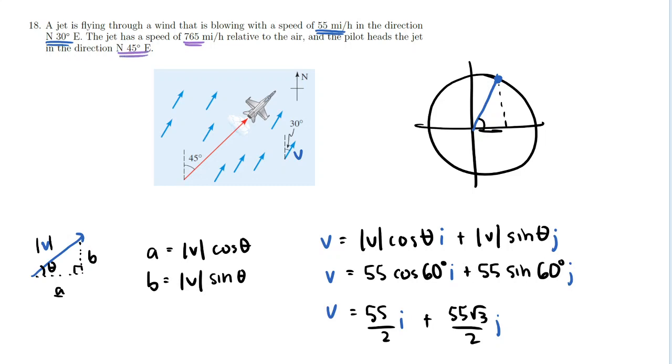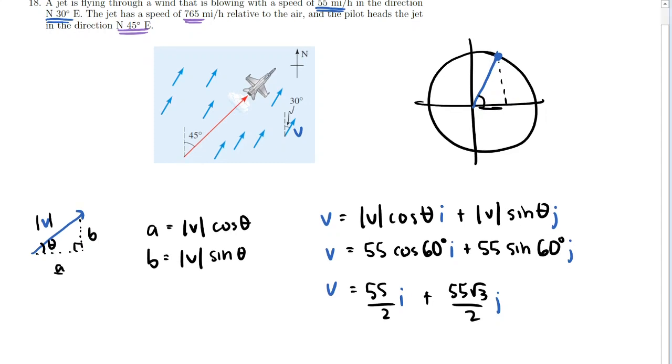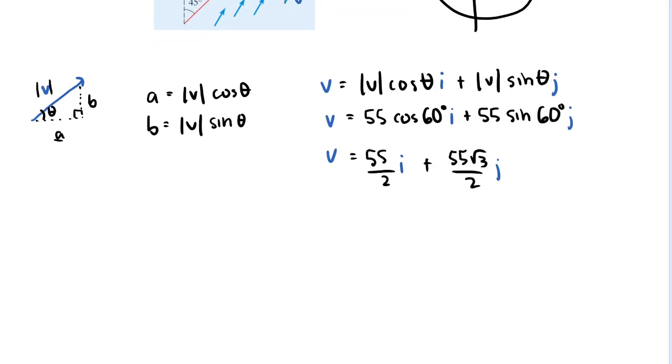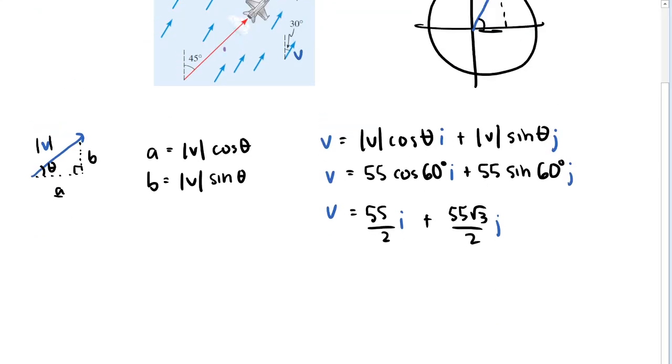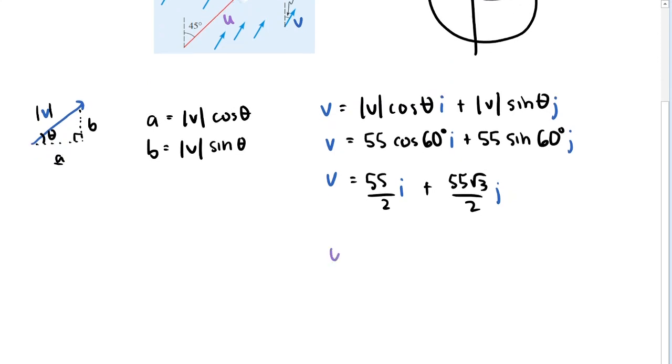And by the same reasoning, here the jet is traveling 765 miles per hour, 45 degrees east of north. If I call my plane vector u, then u is equal to the magnitude of u times cosine of our angle theta times i, plus the magnitude of our vector times sine of our angle theta times j.